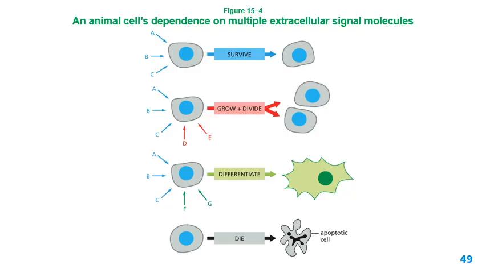All right, so here is the idea that all cells need to communicate. What kind of messages do they send? They send some messages that allow cell survival. Other messages are going to tell the cell to divide. Other messages will tell the cell to modify its function. And then you have messages that tell the cell that it's time to die.